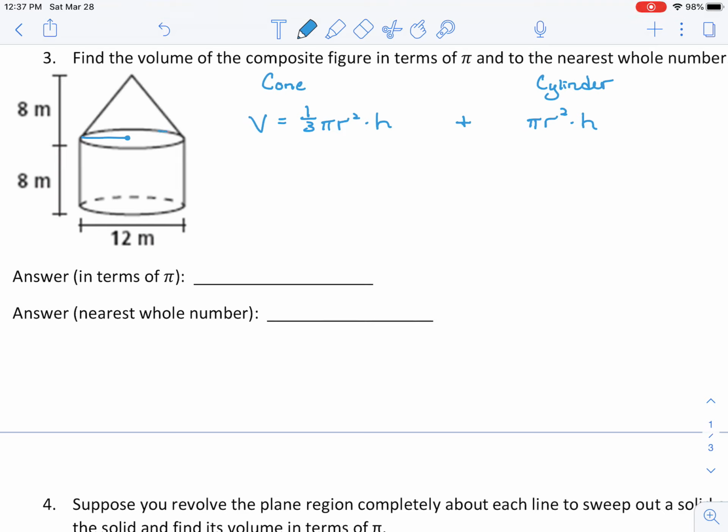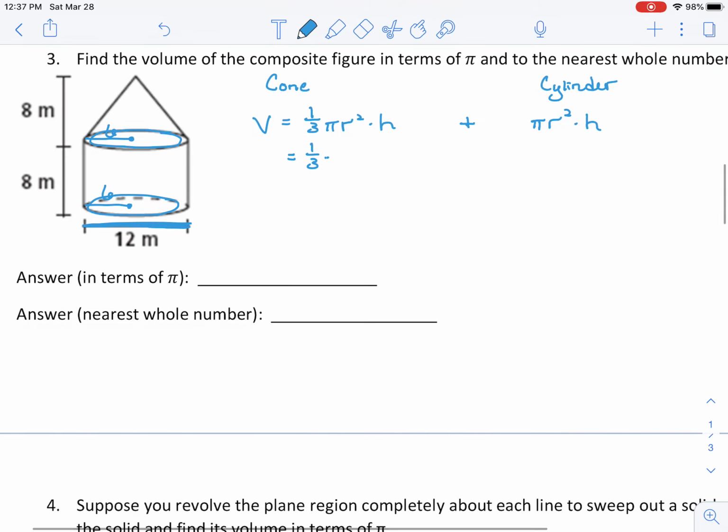Well, if we pay attention, this circle is the base of the cone. It's also one of the bases of the cylinder. And in the cylinder, we know the radius. The cylinder has a diameter of 12. Therefore, the cylinder has a radius of 6 meters. Therefore, the cone has a radius of 6 meters.